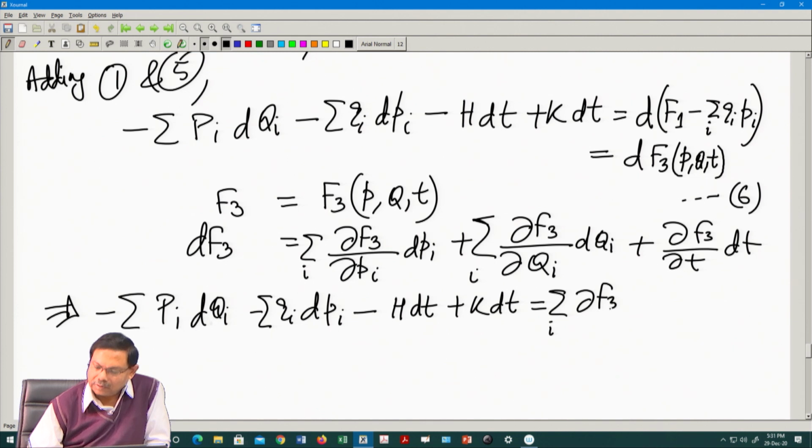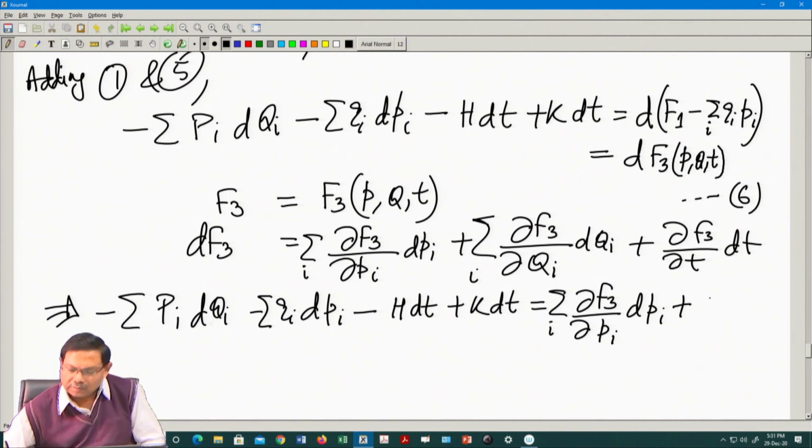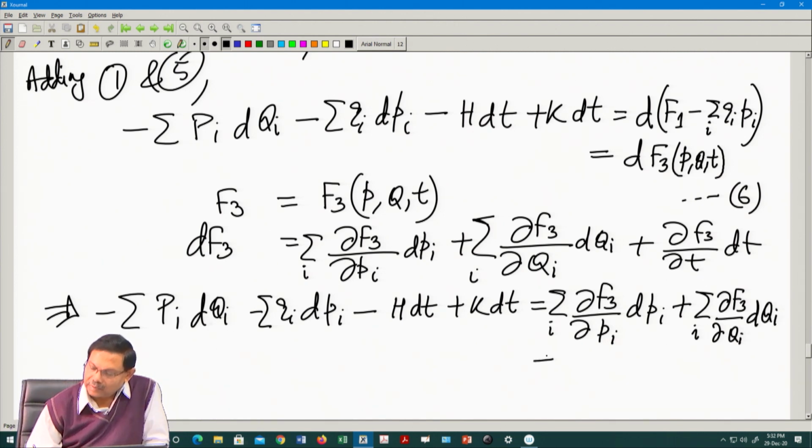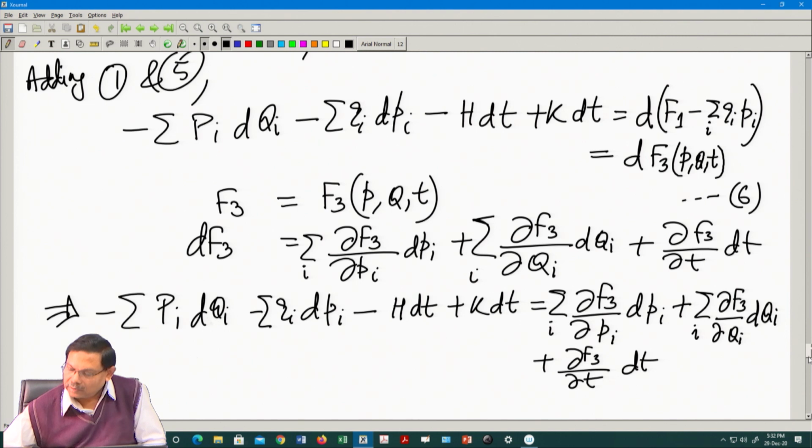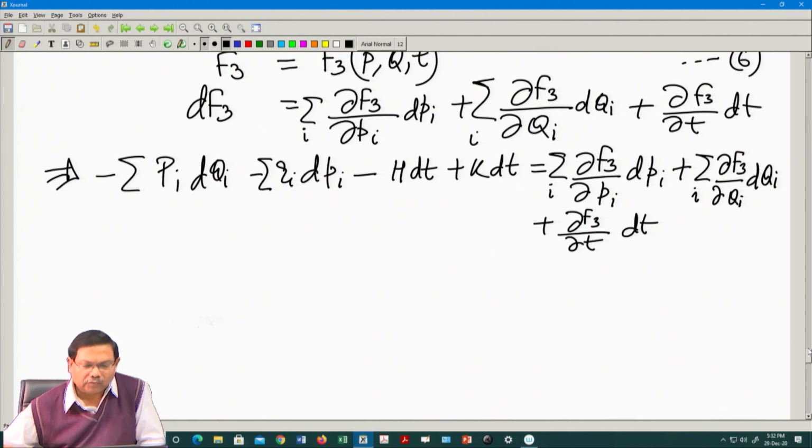So, now you must have understood the technology we are using. Once we have decided which generating function we want to work with, the procedure is similar, plus ∂F3/∂t dt.